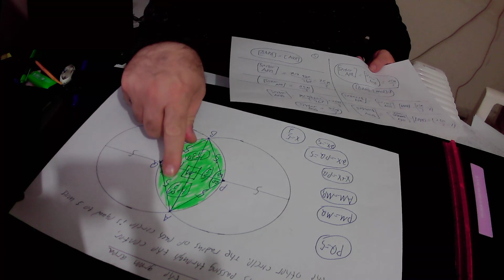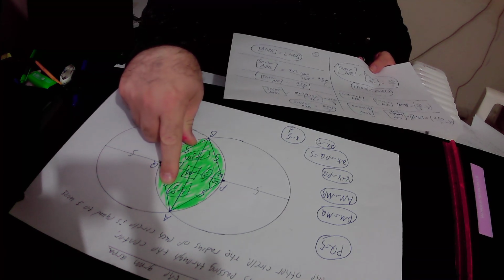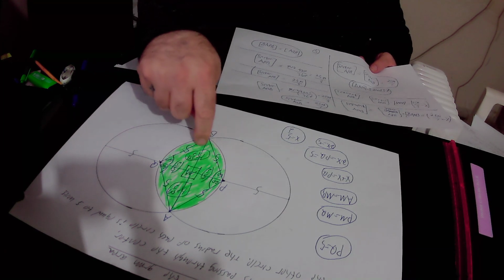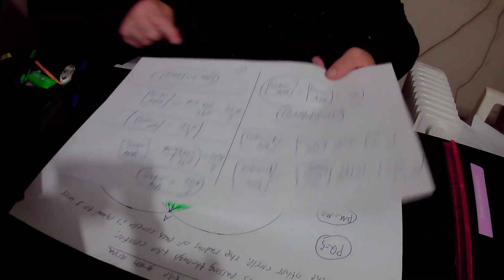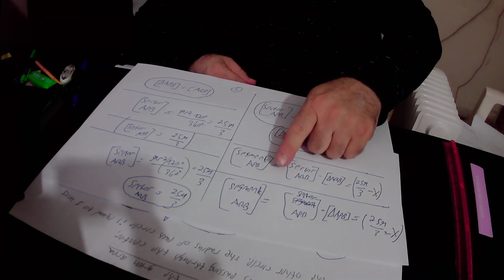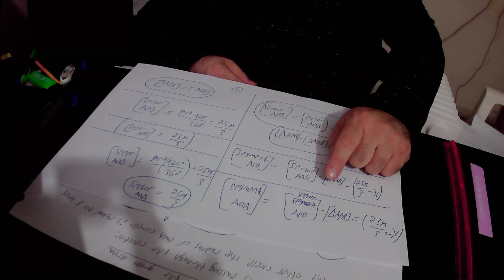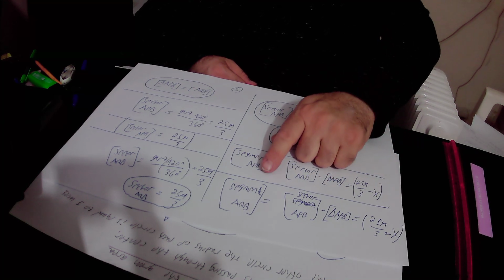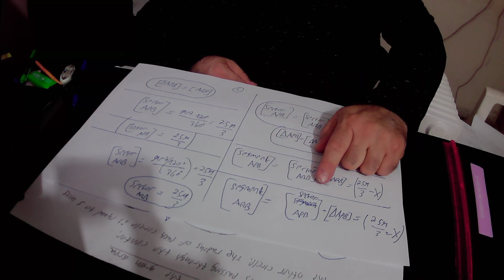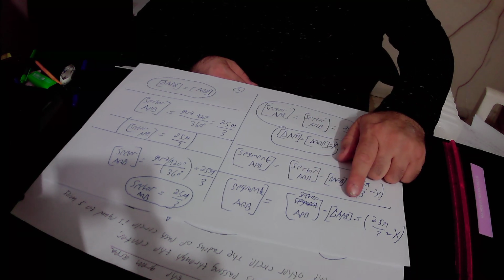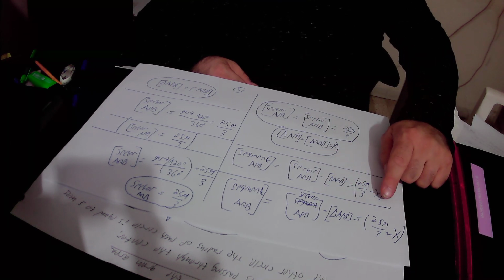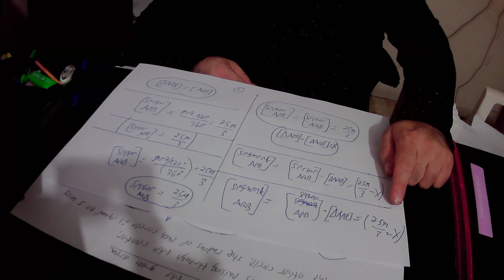What is the area of segment AQB? The area of segment AQB equals the area of sector APB minus the area of triangle APB. The area of sector APB equals 25 pi over 3, and the area of triangle APB equals x.